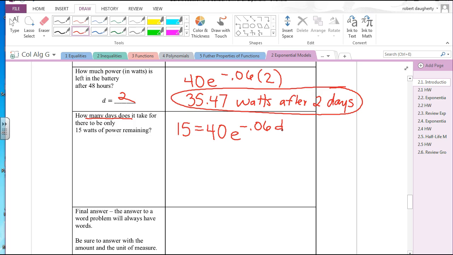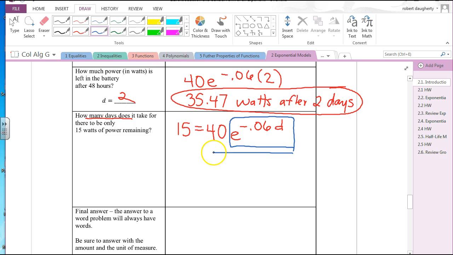Now, in order to solve this, I want the exponential to be by itself. It is not by itself. How can I get it by itself? I can't take the log now. I want it to be by itself before I take logs. It's multiplied by 40. I want to divide by 40 to get it by itself.